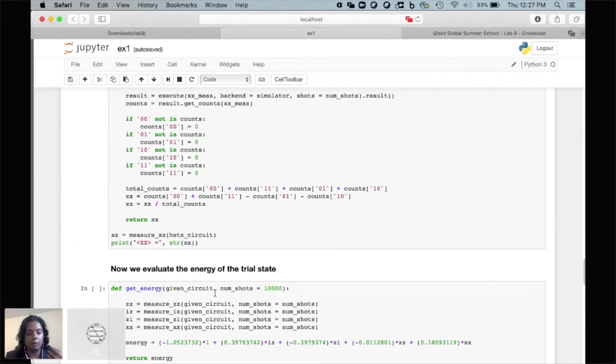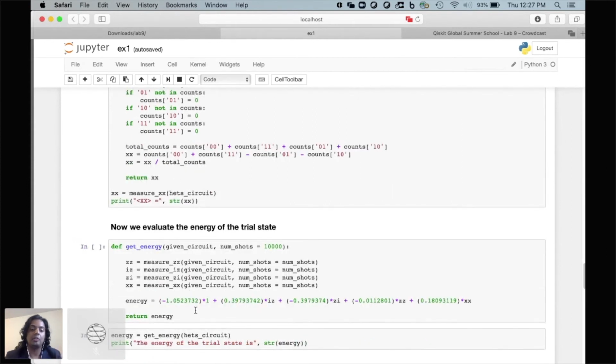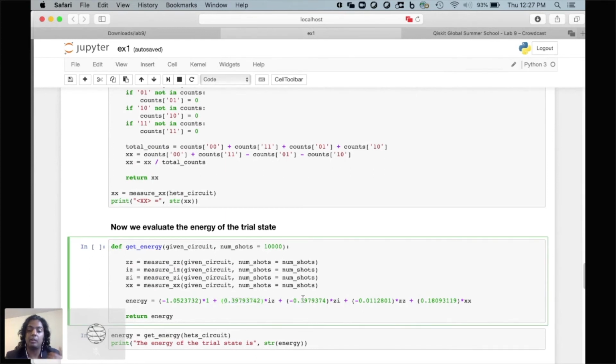And then once you have all the different expectation values of the different Pauli strings in the Hamiltonian, you can join all of that together and get an estimate of the energy. Okay, I'll remind you all that these coefficients are all functions of the interatomic distance. So this represents the Hamiltonian at a particular interatomic spacing.